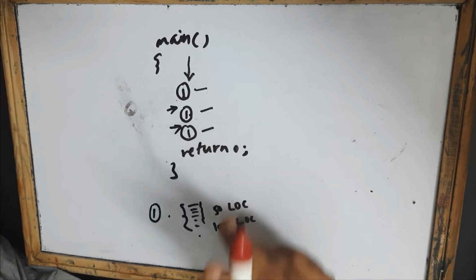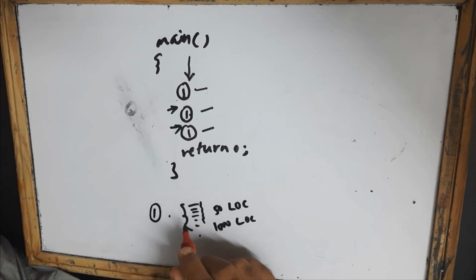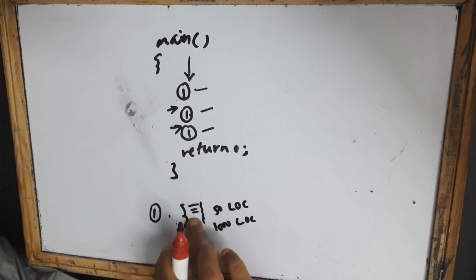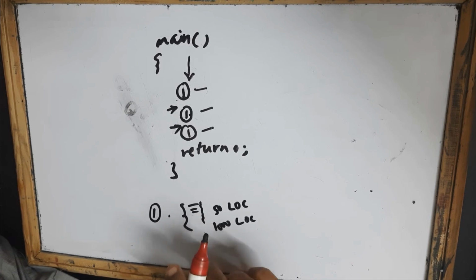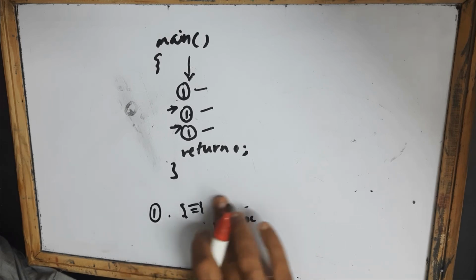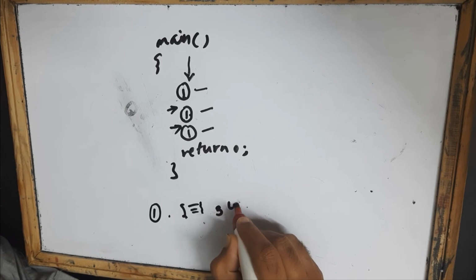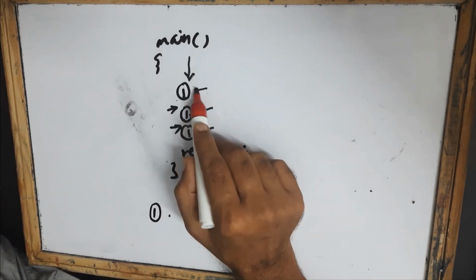Say for example the disadvantage: maybe you write a small code, maybe a 3-line code, a simple function, and you are calling it from here.